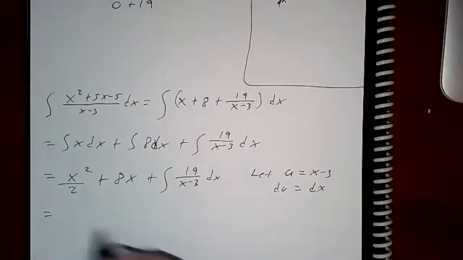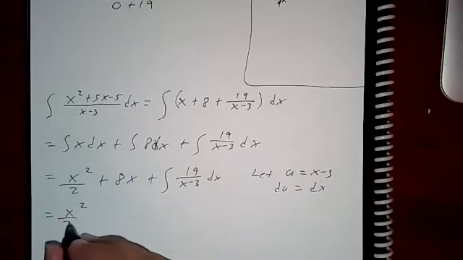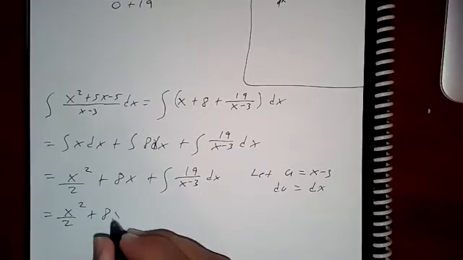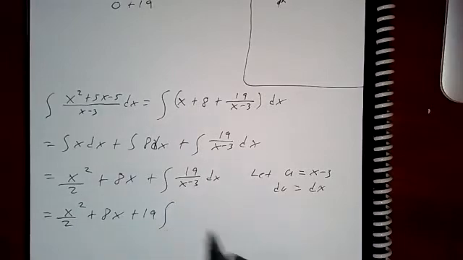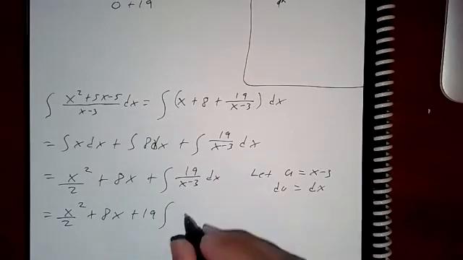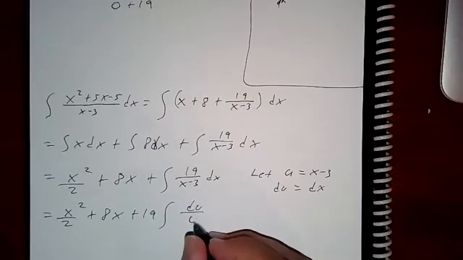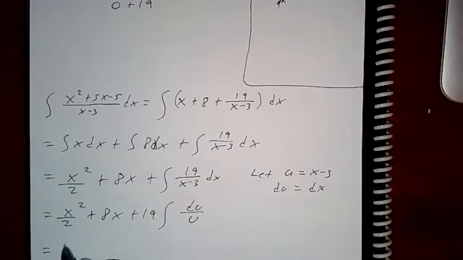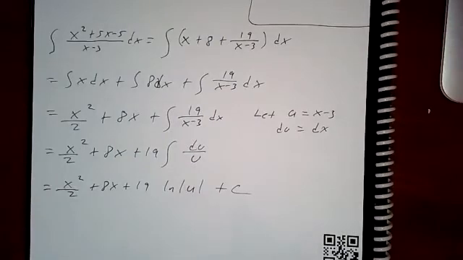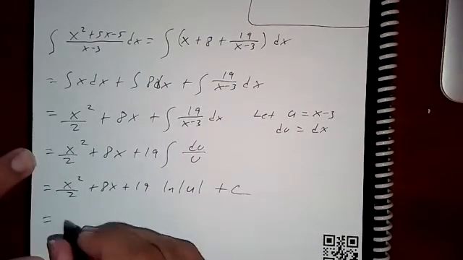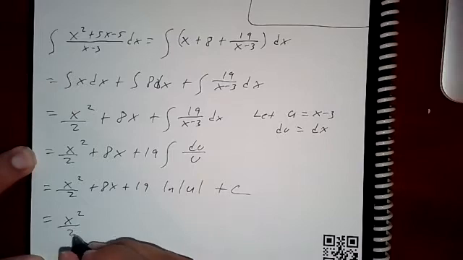So this left part is already done. I'm going to pull out the 19 here. Then I have du over u, right? Plus c. So finally, we are done. Just replace the u, and that's it.